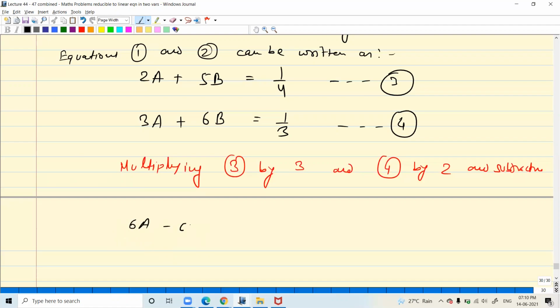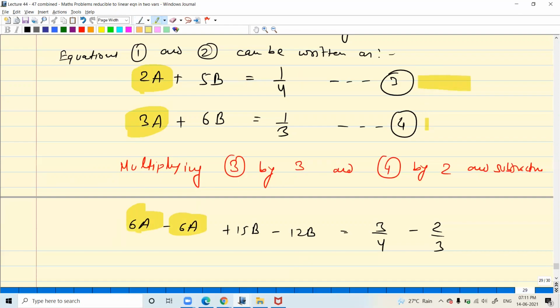And this also becomes 6A. 6A minus 6A, and then 5, 3s are 15, B minus 6, 2s are 12, B, equals 3 by 4 minus 2 by 3. Make sense to everyone? I multiplied 3 here and 2 here. After multiplying, both of them became 6A and 6A. So subtracted them. Then 5B.